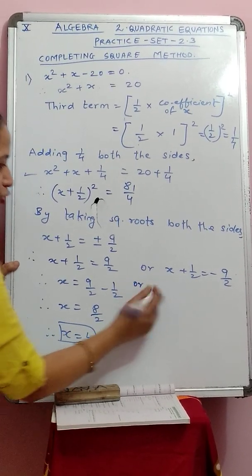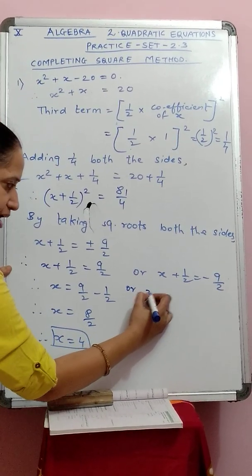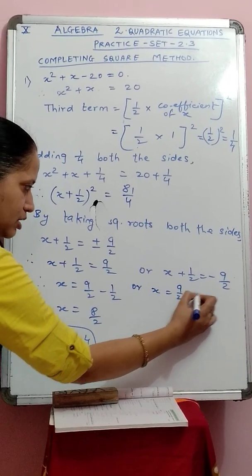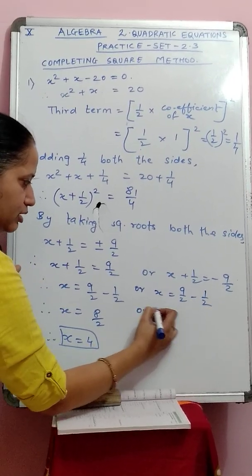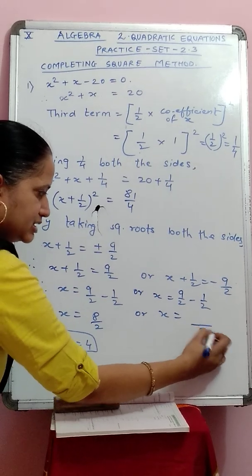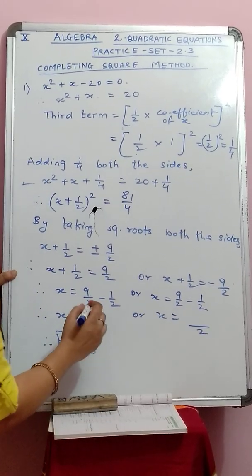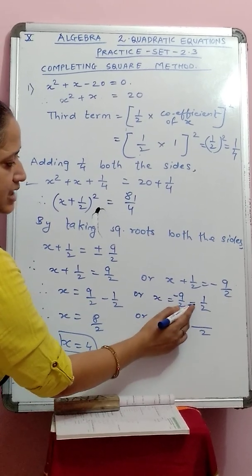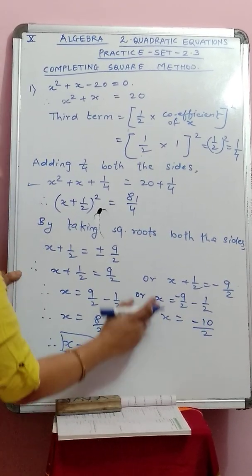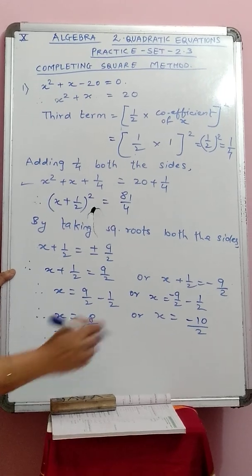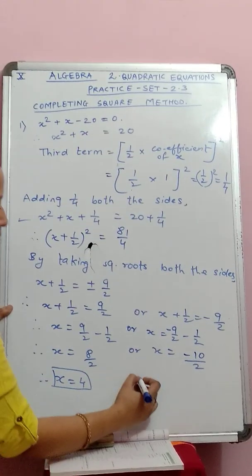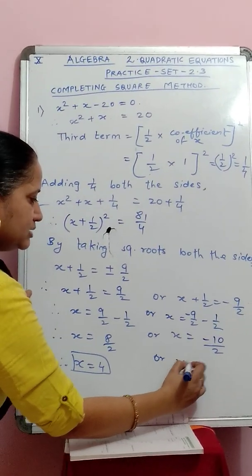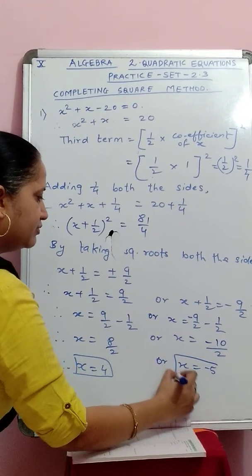Then we have to write 'or' in each step. X is equal to 9 upon 2 minus 1 upon 2, or x is equal to minus 9 upon 2 minus 1 upon 2. The denominator is the same. This is minus 9, so minus 9 minus 1 is minus 10. Minus 10 upon 2 is minus 5.